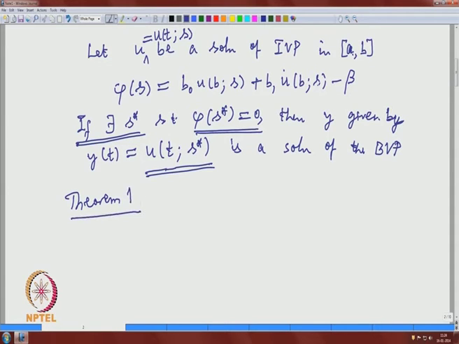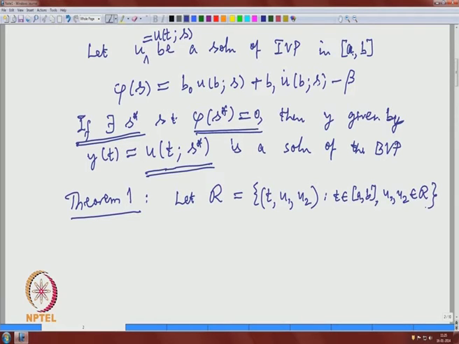Let R be the region of t, u1, u2, where t is in the interval a b, and u1, u2 in R. This condition looks a bit stronger, but that is sufficient for the solution of the initial value problem to exist in the entire interval a b.